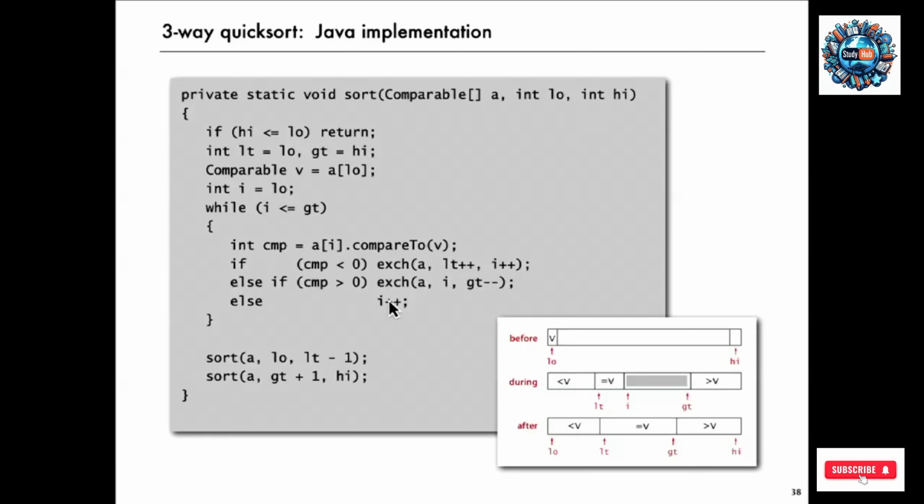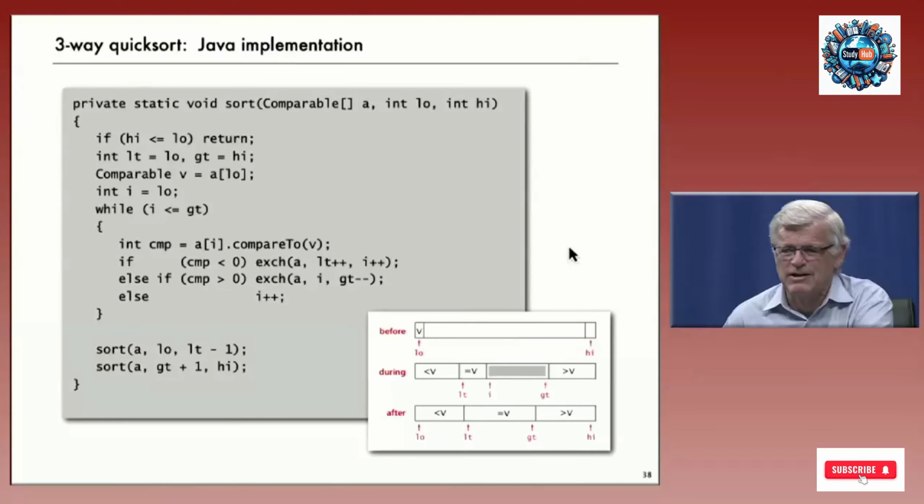Otherwise, we increment I. Could hardly be simpler. In fact, it is simpler in many ways than the standard implementation of Quicksort. In fact, there's an argument for just using this implementation of Quicksort and forgetting about the others because it performs so well in so many practical situations.